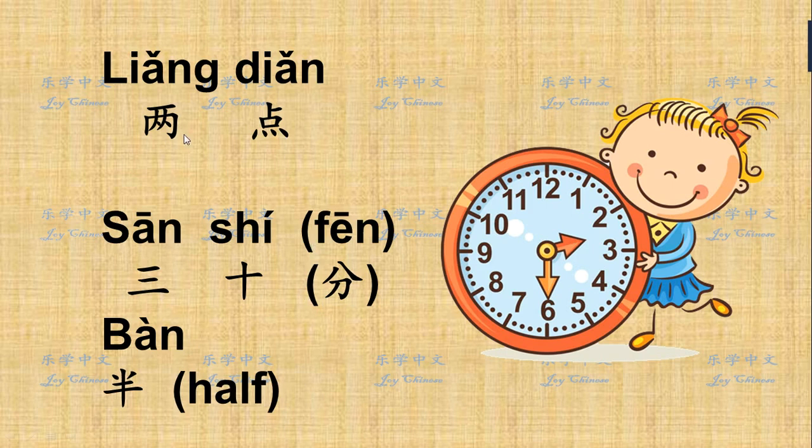The second way is to say 2点半. 半 means half. 2点30 or 2点半. Here, as I mentioned, you don't say 2 like that. Usually people don't talk in that way. You say 2点, where 2 means 2.